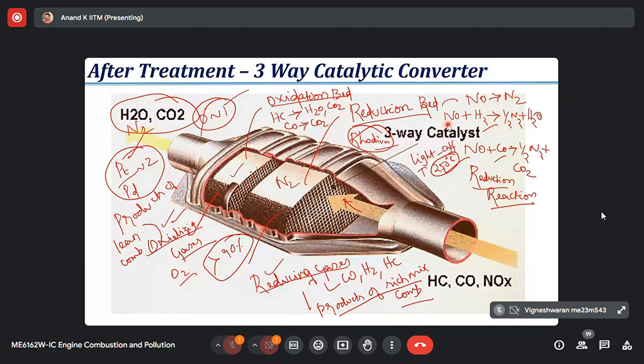For example, look at the reaction here. NO is converted to N2 in presence of H2. H2 is available only with rich products of combustion. Similarly, NO is converted to N2 in presence of CO. If you arrange an oxidation bed ahead of the reduction bed, you will run out of CO because CO will be oxidized to CO2. Did you get what I am saying?